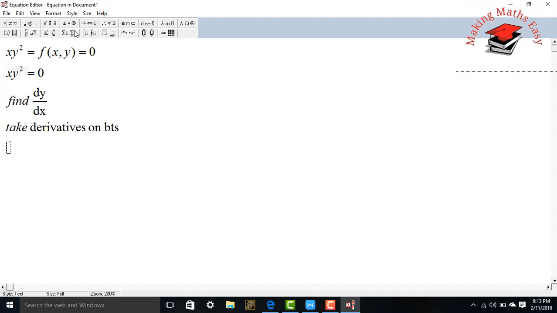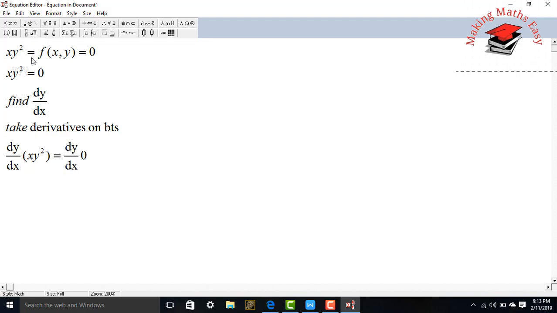If you take the derivative on both sides, you will get dy by dx of x y square is equal to dy by dx of 0.